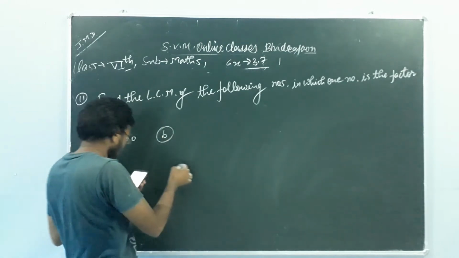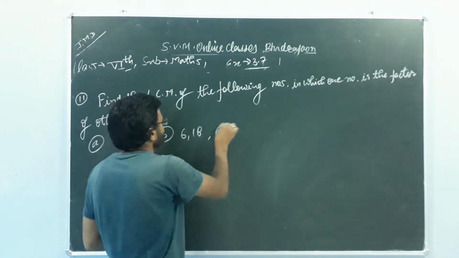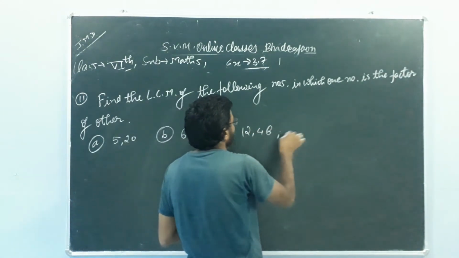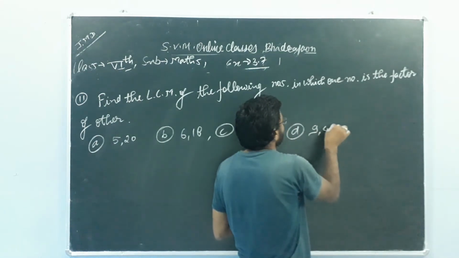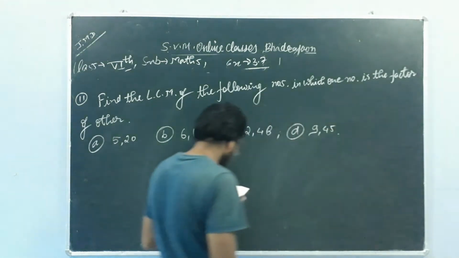Part B is 6 and 18. Part C is 12 and 48. And part D is 9 and 45.